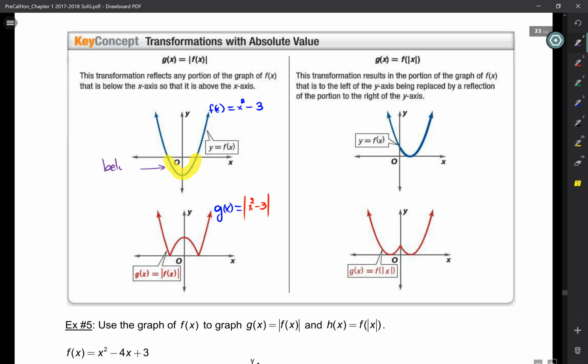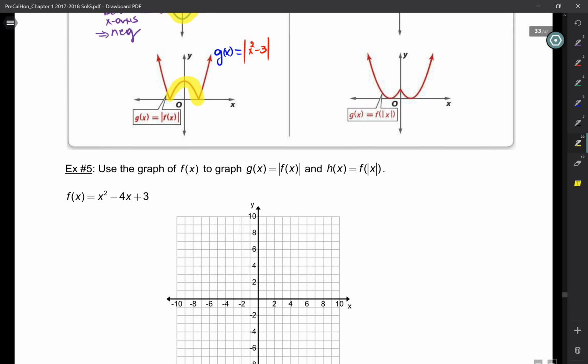So below the x-axis means it's negative. So what it does is it takes that one and moves it up like this. Okay? So let's graph this now.